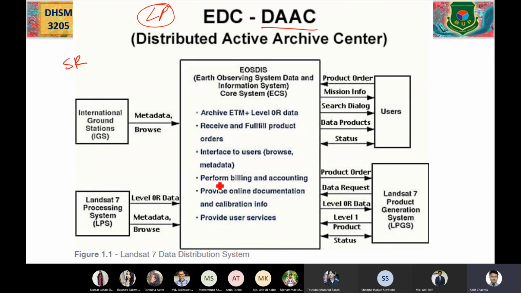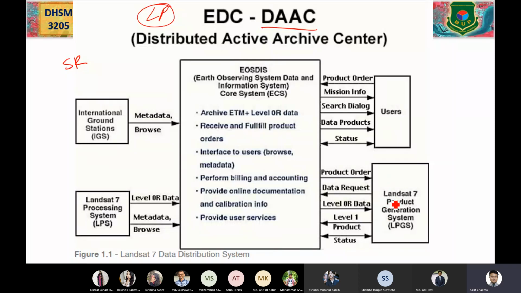It also performs the billing, accounting, and all these things. So you are the user. What you do is now you order the product, you collect the mission information, you search the catalog, okay, you receive the data products, and you check the status, whether it's downloaded or not, whether it's available or not, etc., etc.